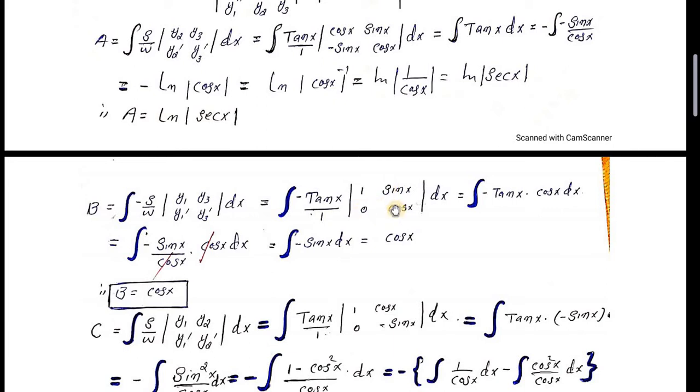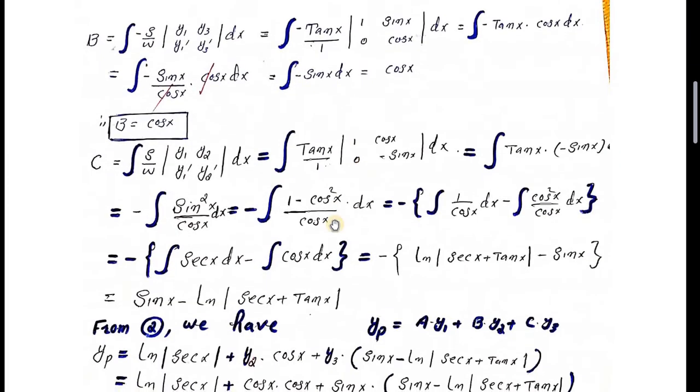Now finding the value of the determinant, here we will have cos x minus 0. So this is cos x, and the integral of minus tan x. Now tan x is sin over cos, cancelling cos, we get the integral of minus sin x, which is equal to cos x. Hence the value of B is cos x. So the value of A is this one, the value of B is this one.